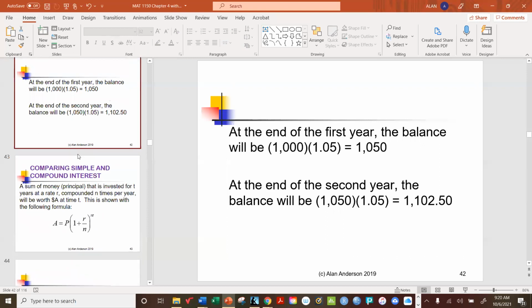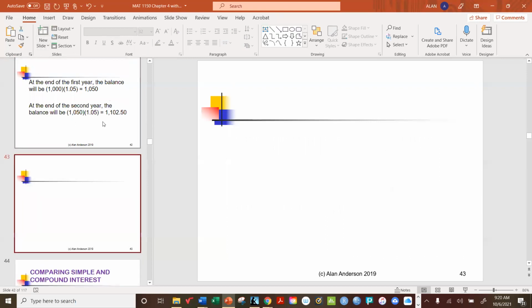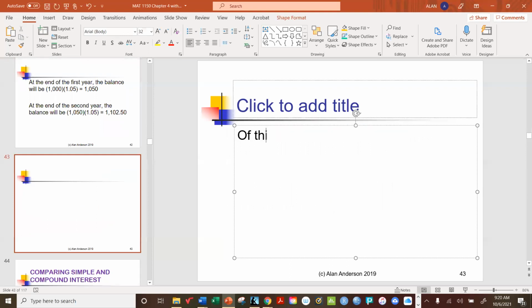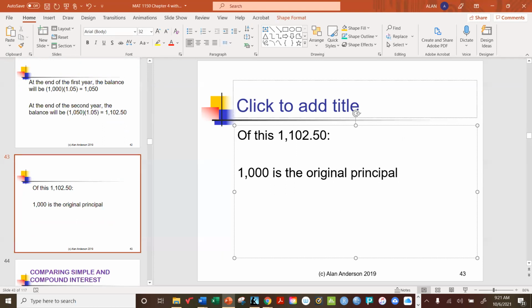Now, this is where it gets interesting. That means that of this 1,102.50, 1,000 is the original principal. 102.50 is the interest.